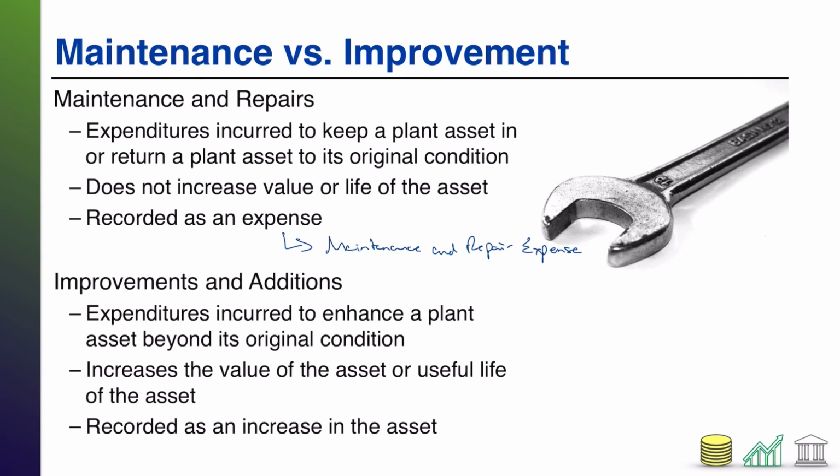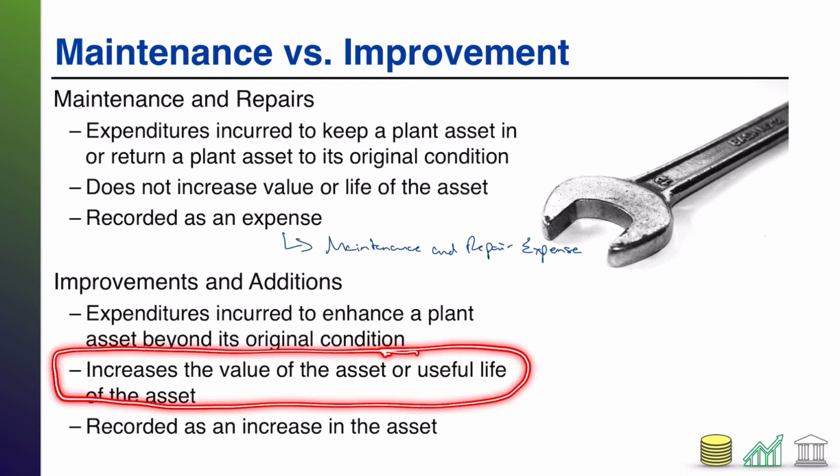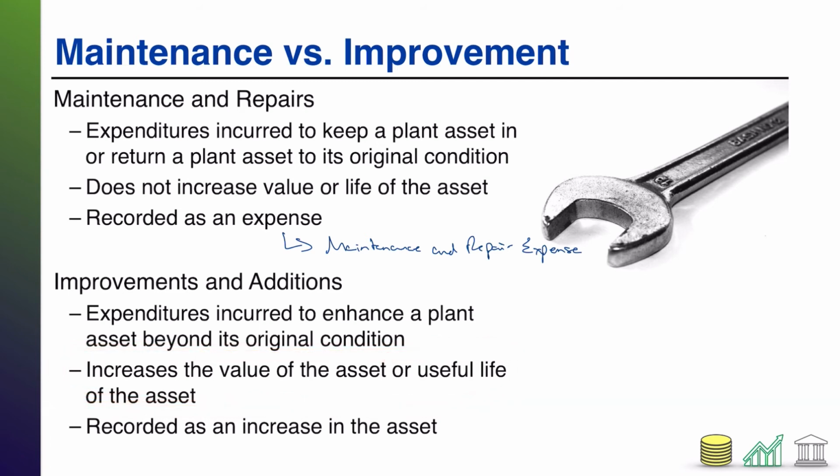You've now made that machine more efficient than it originally was, and in doing so, you've added value. And that brings me to the second bullet point here. Improvements and additions, the key thing that separates them from maintenance and repairs is that they actually increase either the value of the asset or at a minimum, its lifespan so that it can deliver the existing value longer.